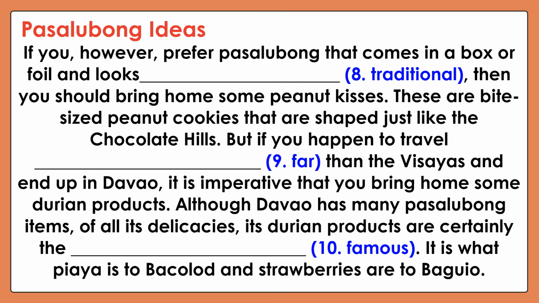But if you happen to travel blank far than the Visayas and end up in Davao, it is imperative that you bring home some durian products. Although Davao has many pasalubong items, of all its delicacies, its durian products are certainly the blank famous. It is what piyaya is to Bacolod and strawberries are to Davao.